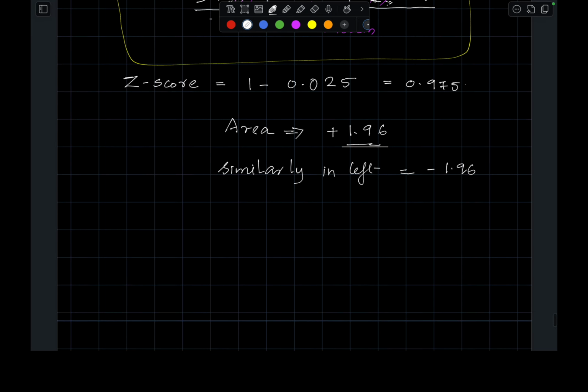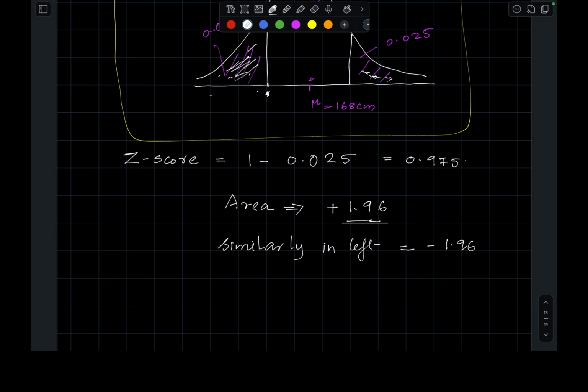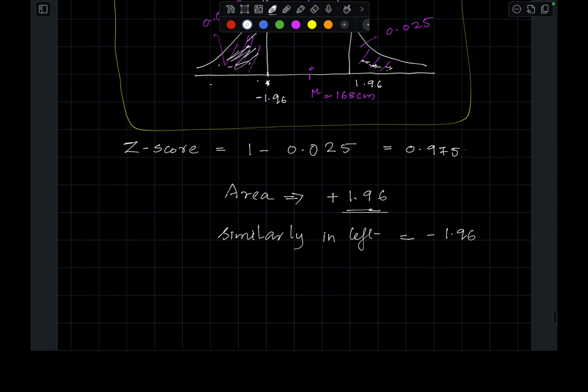So now maybe if we redraw, here we can write that this particular value corresponds to minus 1.96, and this particular value corresponds to 1.96.